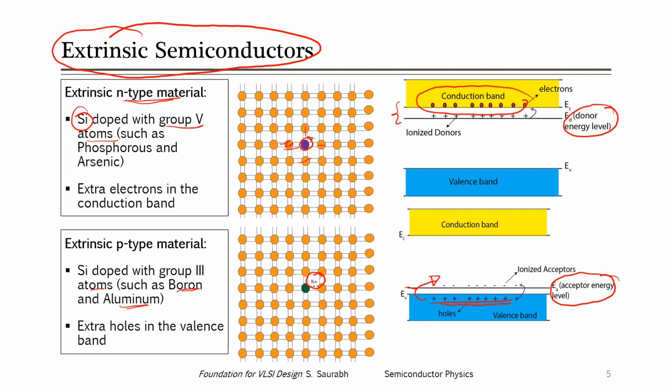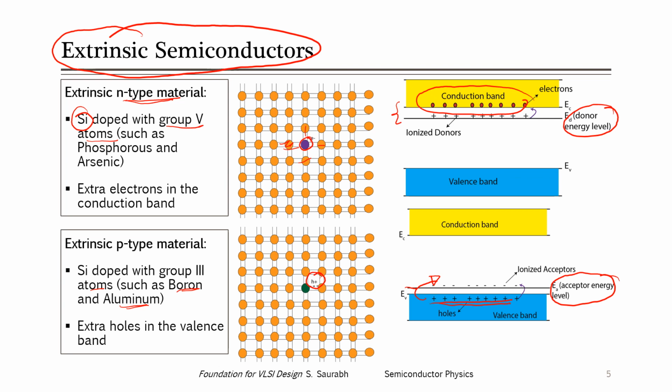So what this shows is that the properties of the semiconductor material can be tailored or adjusted as per our requirement, right? By doping, we can have more or fewer carriers responsible for current transport, and therefore we can change the conductivity of the semiconductor material.